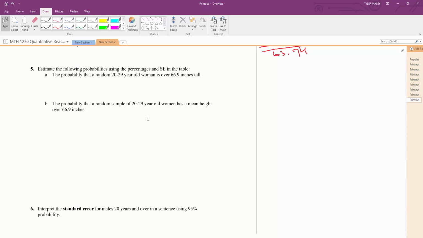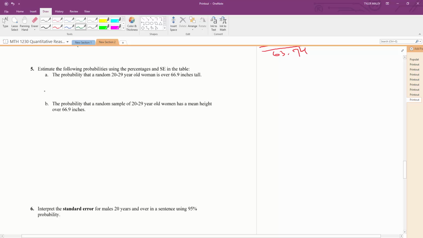So then on the next page, looking at number 5, it says estimate the following probabilities using the percentages and SE in the table. The probability that a random 20 to 29-year-old woman is over 66.9 inches tall.